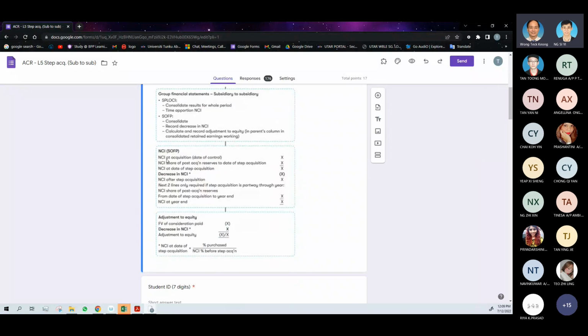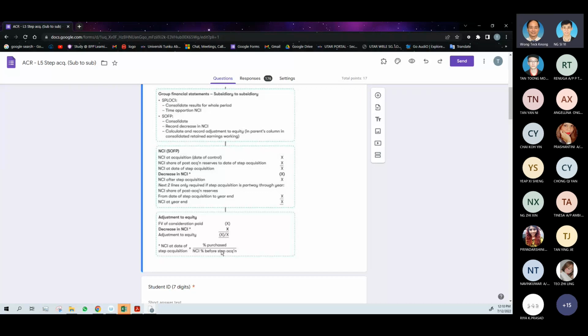So you compute your NCI at acquisition date, then you share the profits up to the date of your first step acquisition, and then decrease your proportion out. Someone asked me: 40%, why divide by 4? If you purchase 10% additional and existingly NCI has 40%, the proportion out is the percentage you purchase divided by the NCI before the step.